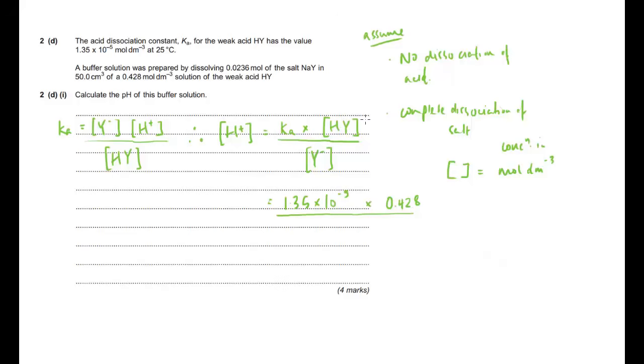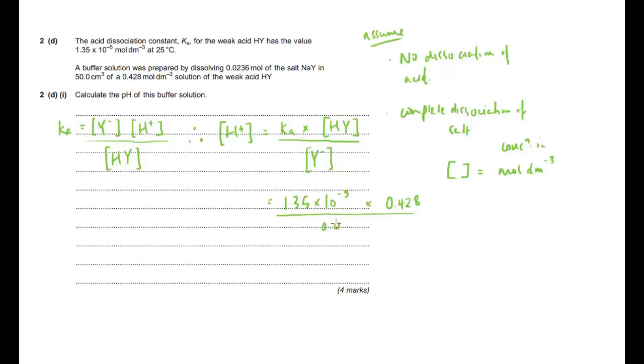But in this case, we have to convert either this to the moles from the values given, or convert this to the concentration. Now I'm going to convert this to the concentration. So I know that I have 0.0236 moles, and I know that I have 50 centimeters cubed volume. So I'm looking to work out my concentration. Concentration equals moles over volume.